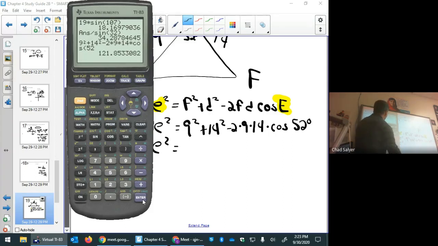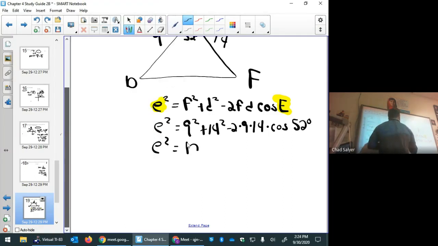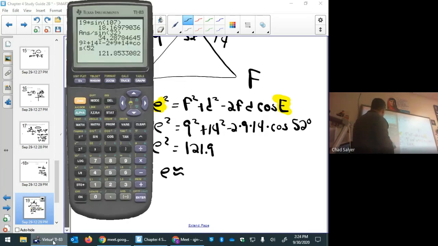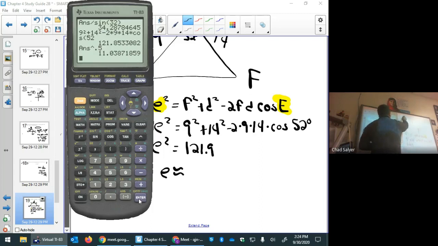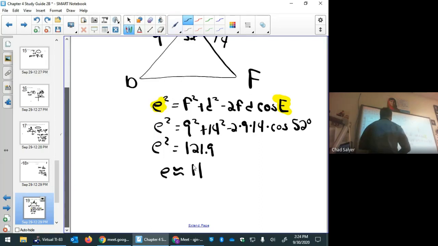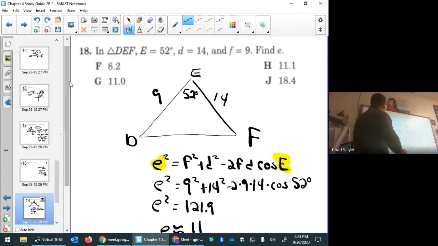So that's 121.9. And so E is about, take the square root of this, 11 units. So that's G is in golf. Yep.